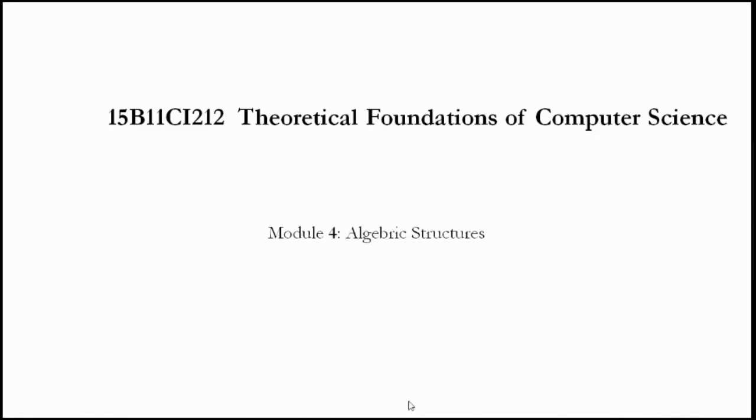Well, in the last lecture, we stopped at the algebraic structures. So an algebraic structure is the combination of the set and the operations that are applied to the elements in the set.